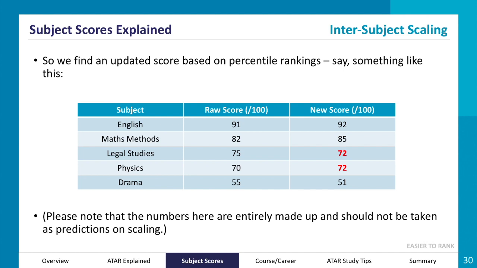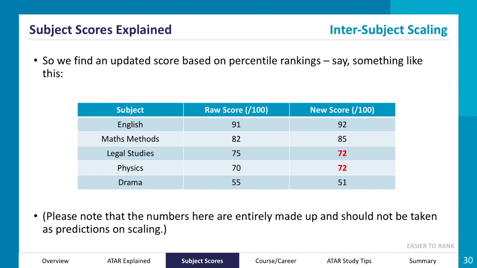And the idea here is we can now say, well, at least approximately a 75 raw in legal is pretty similar or comparable to a 70 raw in physics, because it placed that student at the 72nd percentile in each case. Now that we have these percentiles for each raw score, these basically become the first round of scaled results.